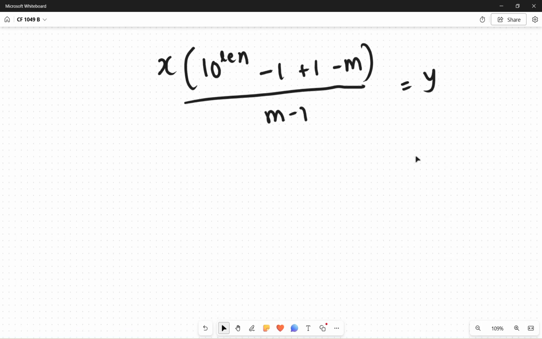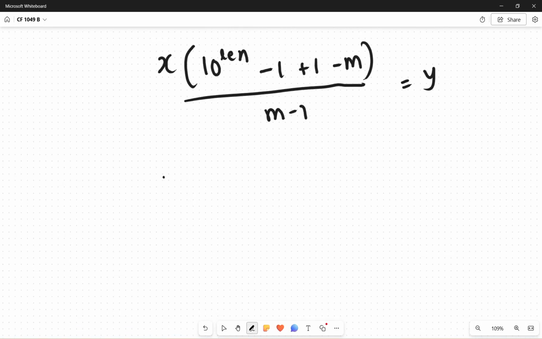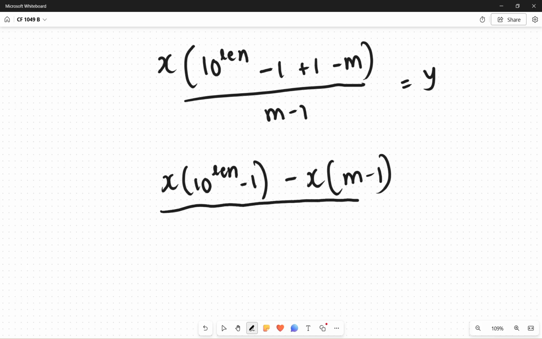And why this helps is that we can separate the terms, right? So (10 to the power of length minus 1) minus x into (m minus 1), divided by (m minus 1), is equal to y.